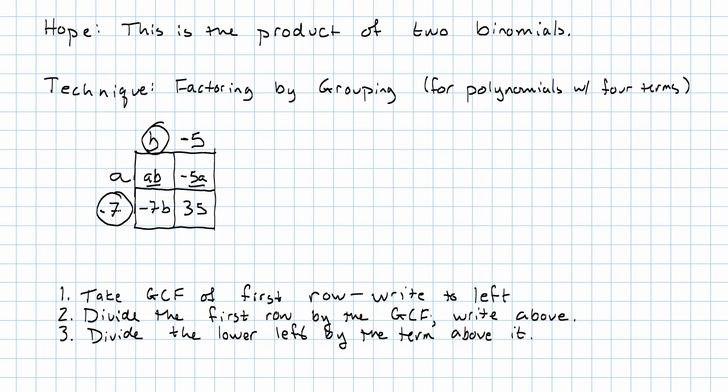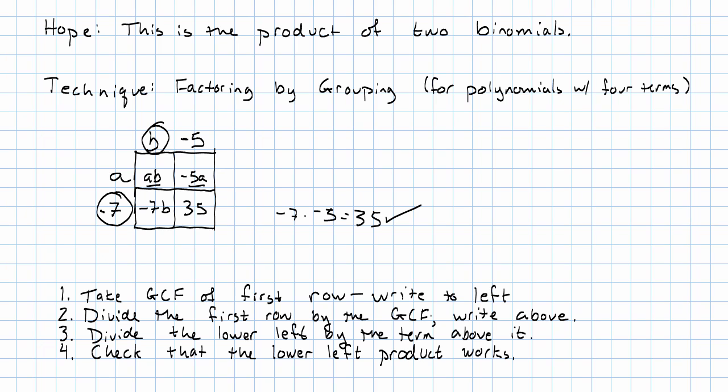Okay, we're almost done. We know now what we want our factors to be, but we need to check that that actually was correct. We'll check that the product in the lower left works. Negative 7 times negative 5 is positive 35. So that really did work.